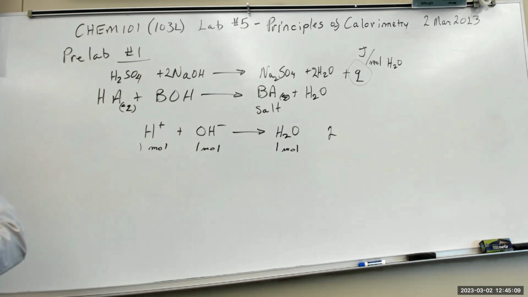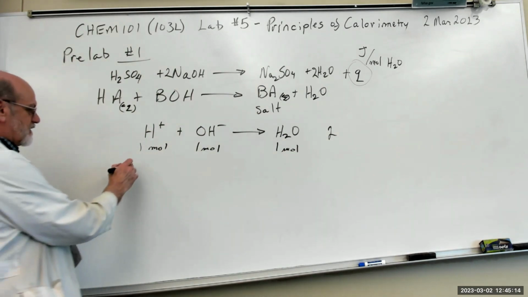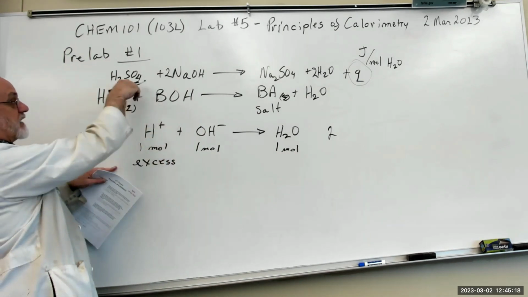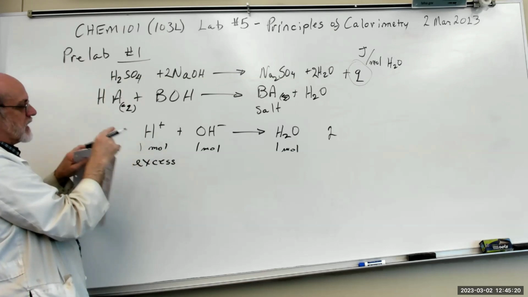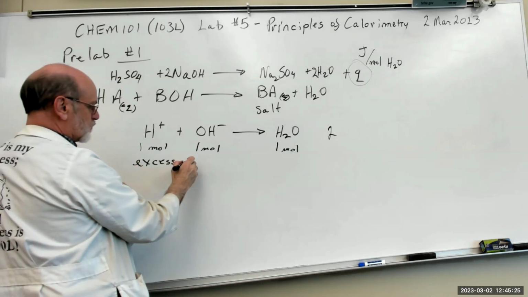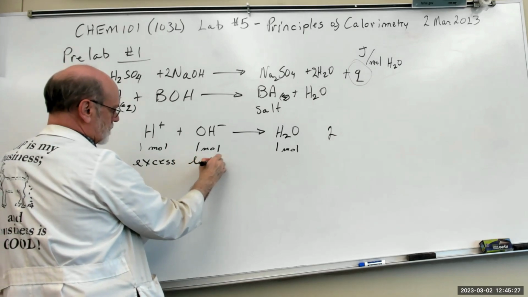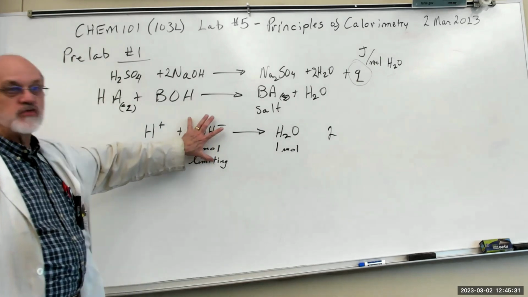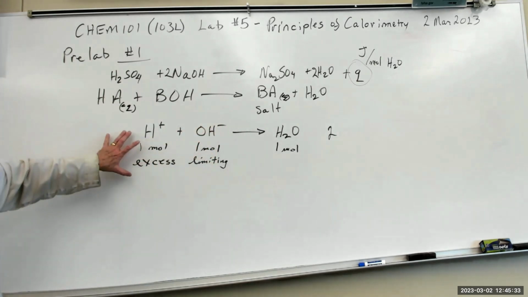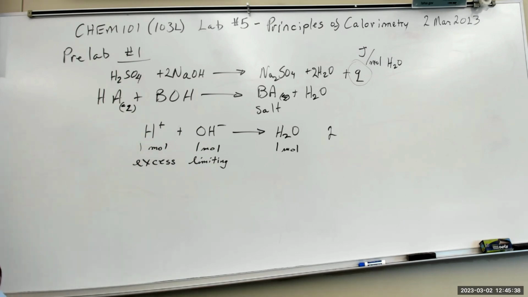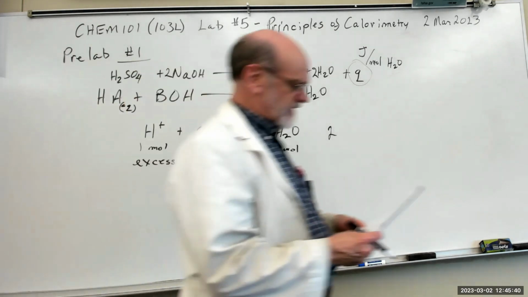Now the question is, why do we use an excess of this one, which for our experiment would be in excess of this? Why do we use an excess of sulfuric acid? And this would be our limiting. So we're going to make sure that all of this is used up, and we're going to have a little bit of that left over. Why do we do that? Got any ideas?